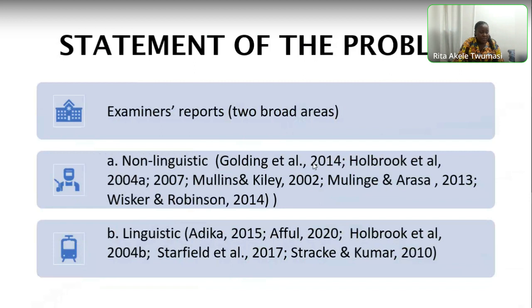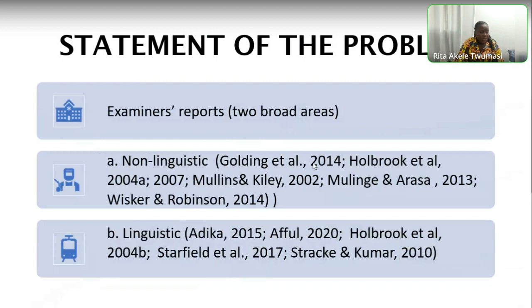The philosophies that have completed the production of the reports include studies like Mullins and Kiley 2002 and 1987. There has also been comparative analysis on the examiner's report. We can mention the works of Lisa and Robinson 2014. The application of practices and examiners' expectations has also received attention, including the works of Rita 2014 and 2004.